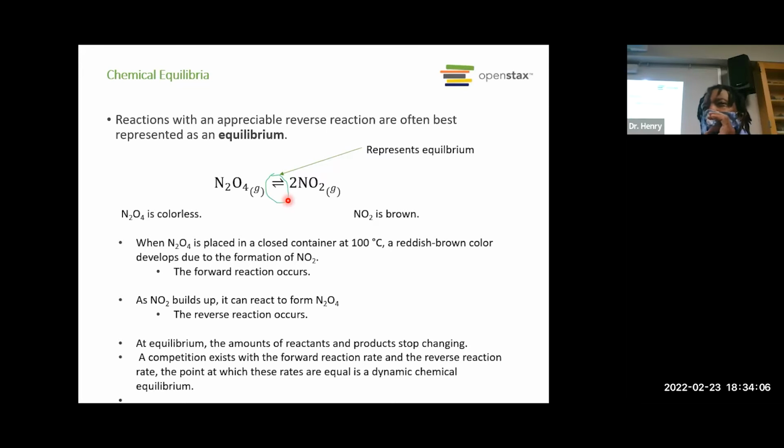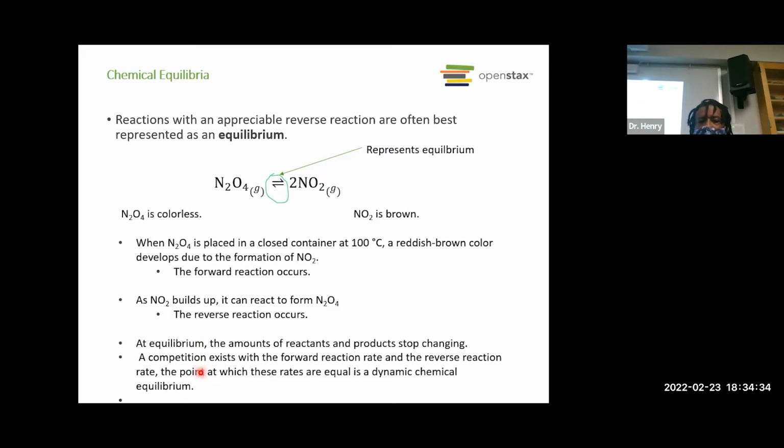It doesn't mean that they're equal to each other, but it means that the amount of them stops changing. One side could be favored more than the other, and we'll talk about that in a second. But it means you're not going to get a net change going back and forth. They're going to be stabilized.